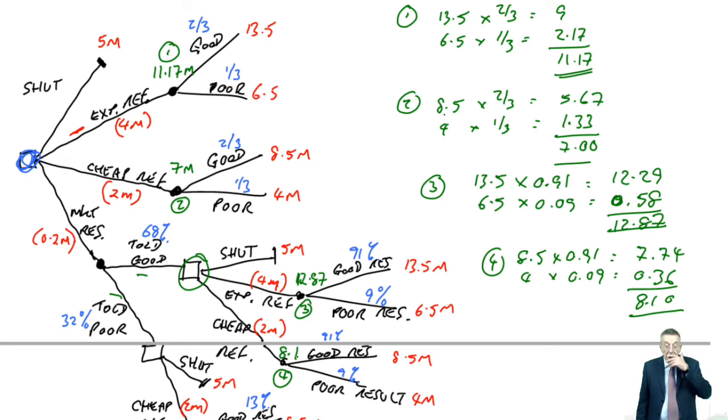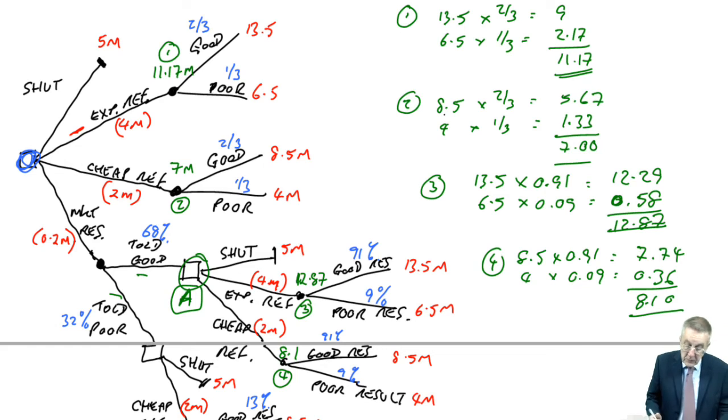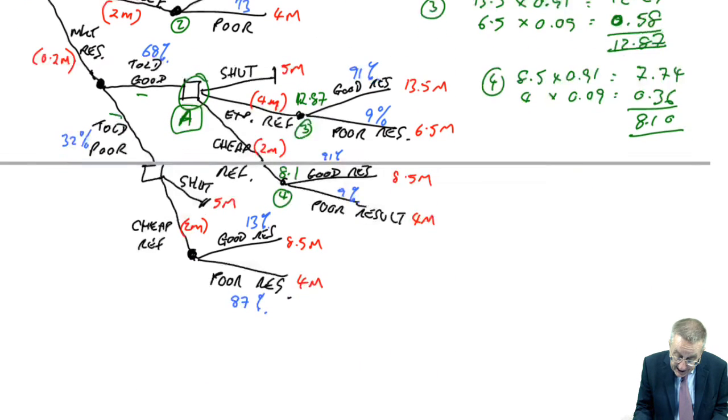Now, why am I doing this? Because I need to know what choice we make if we do market research and we're told it's good. Well, now I can decide. If I label this A, box A, what is my choice?